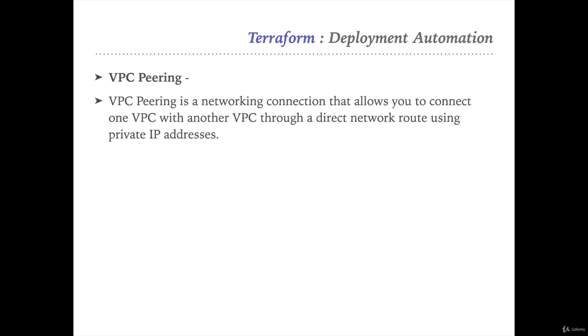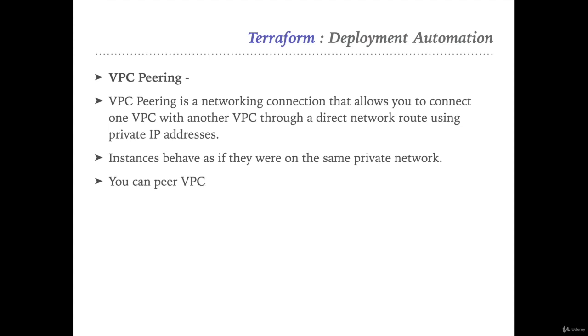As I told you, machines which are present in two different VPCs can only communicate over the public IP. But if we define VPC peering, then the machines of both VPCs can communicate to each other using the private IP only. When we define VPC peering, the instances of both networks will behave like they are on the same network.